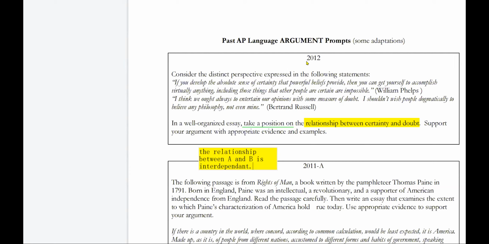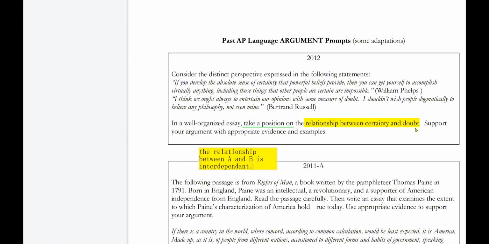is the best and doubt is not, and that's off topic. Because the prompt is asking us to identify the relationship between certainty and doubt. So we're going to address both certainty and doubt.